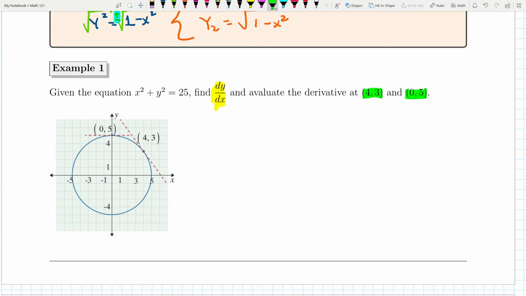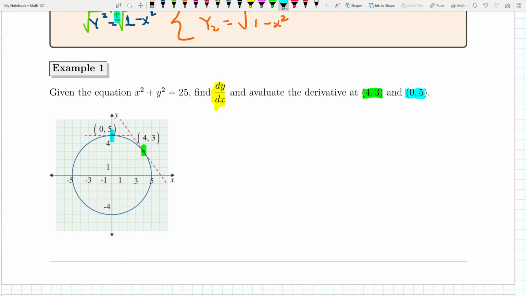In other words, they're asking us to find the value of the slope at the point where x equals 4 and y equals 3, and where x equals 0 and y equals 5. So they're asking us to find those values of the slope.